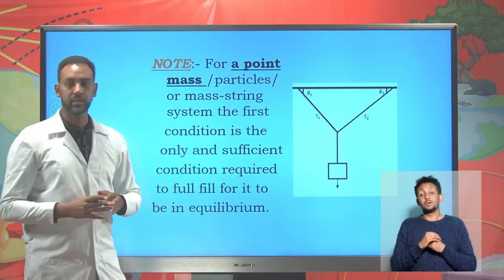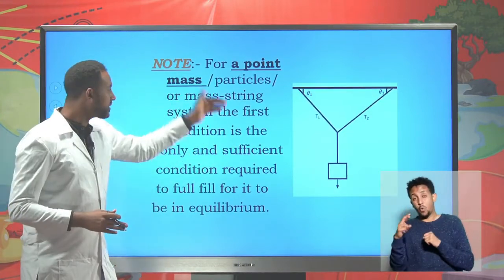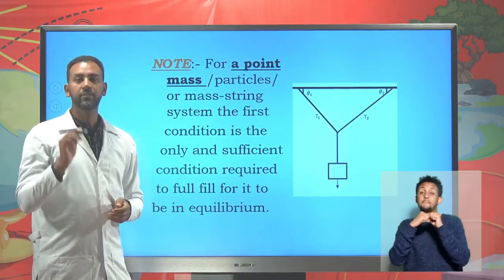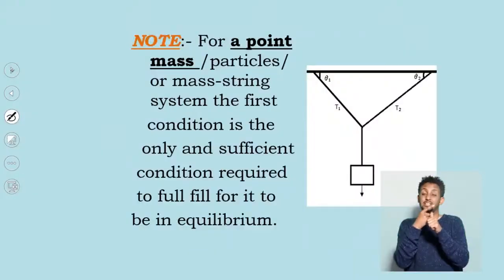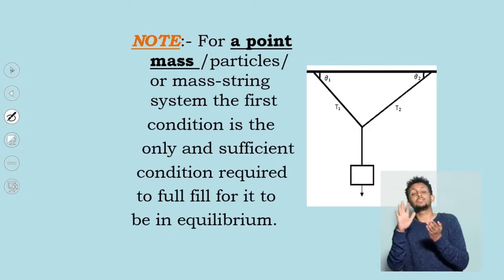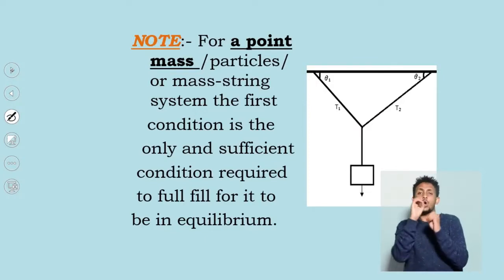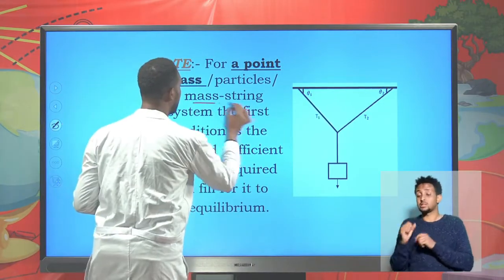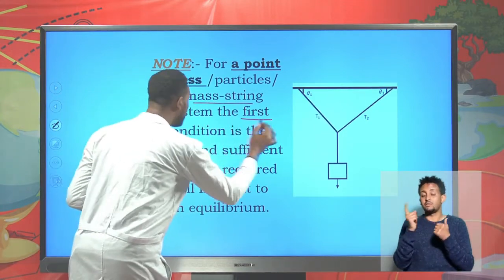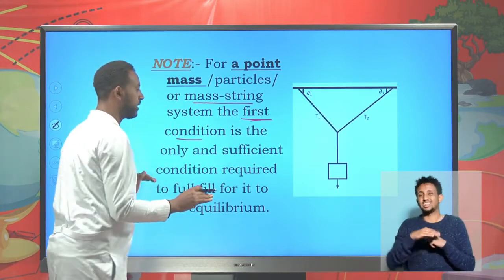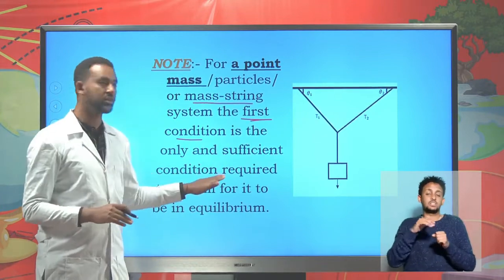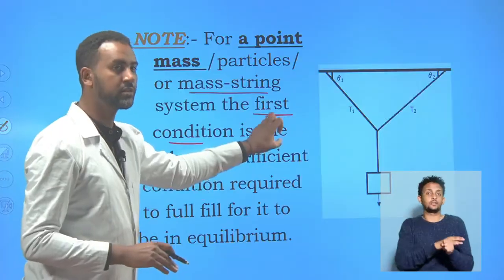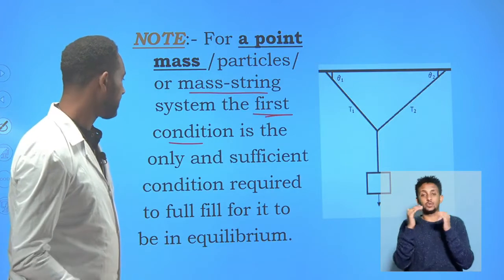For a point mass system or a particle system, only the first condition is enough to suffice for a state of balance. If the first condition is fulfilled, it's enough for such objects to stay in equilibrium. So for a point mass, a particle system, or a mass string system, the first condition is the only and sufficient condition required for those objects to be in a state of equilibrium.